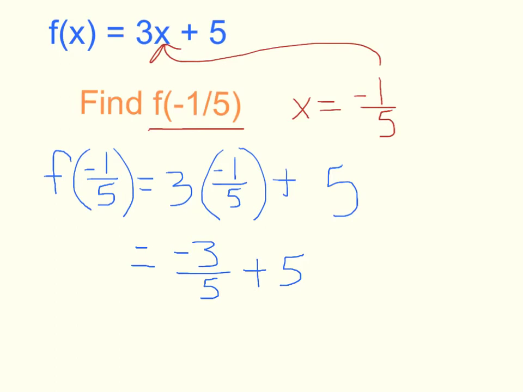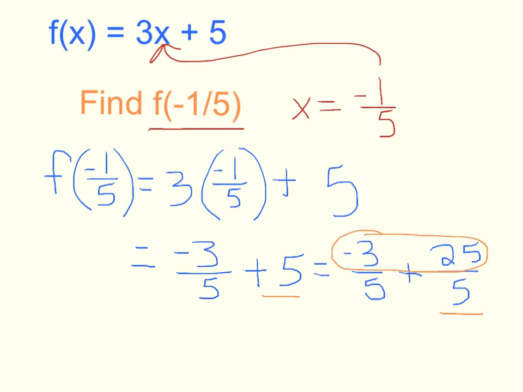But how can we write 5 as a fraction with a denominator of 5? So I've changed my 5 to 25/5. So now I can add -3 plus 25.